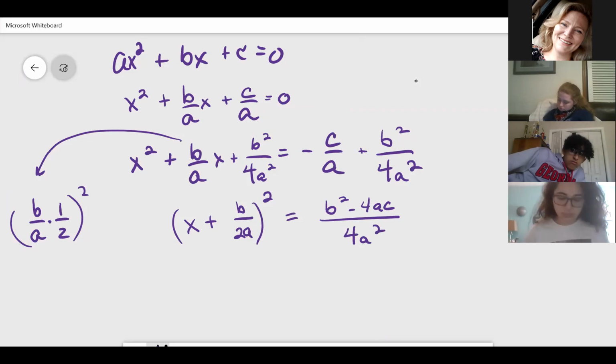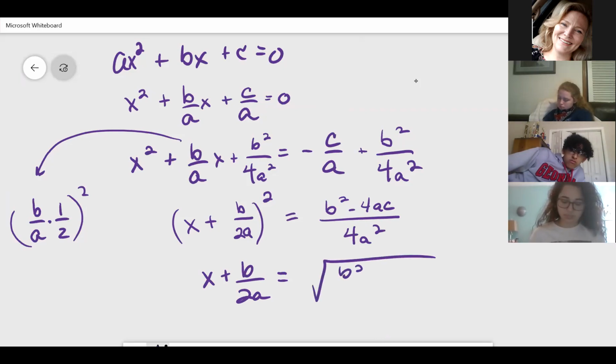Now I'm going to take the square root of both sides. So I'm going to get x plus b over 2a equals the square root of b squared minus 4ac over 4a squared. Okay.